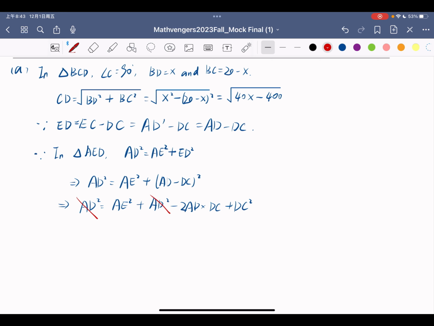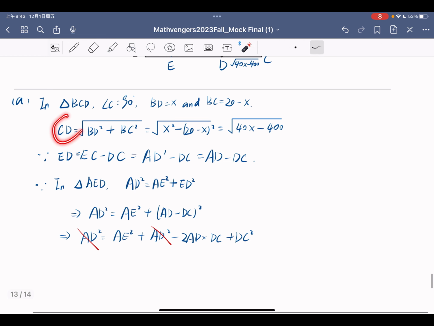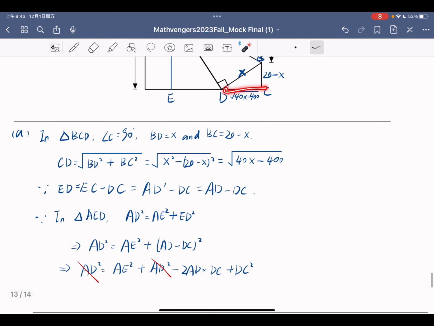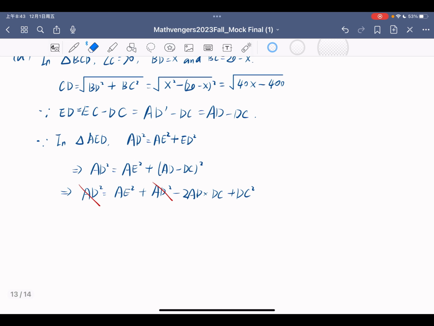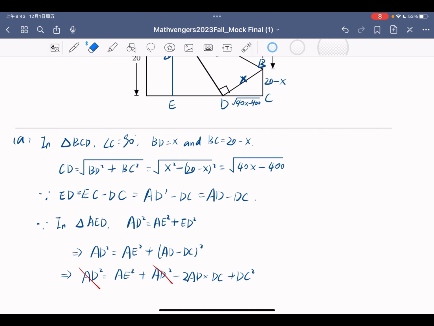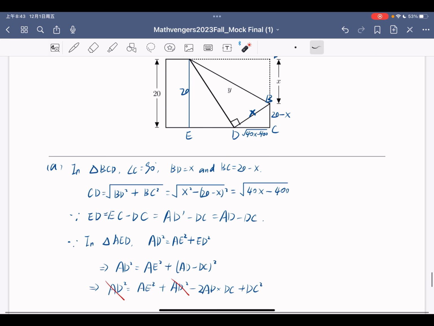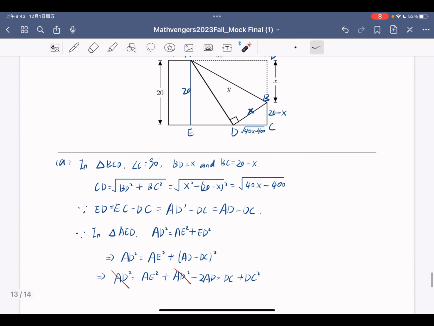And we know that DC is equal to CD, they are the same line, and CD is the square root of 40x minus 400. We also know that AE is 20, right? In this graph, AE is 20.